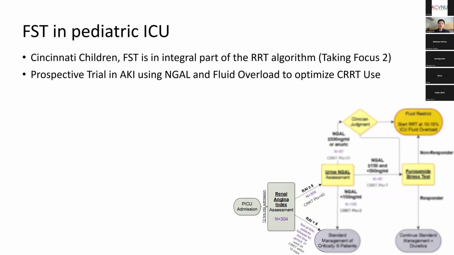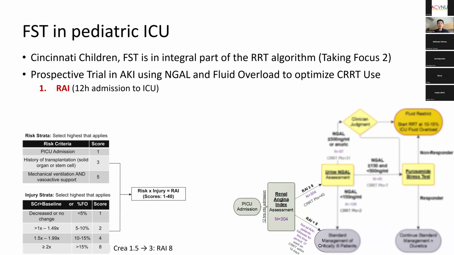Also, just a side note, they have a great hands-on course for CRRT as well as Carpe Diem, and they also had a pediatric AKI conference a couple of years ago that I really enjoyed. So in this pediatric ICU, they put together urine NGAL, renal angina index, fluid overload, and a furosemide stress test to optimize the CRRT use for children.